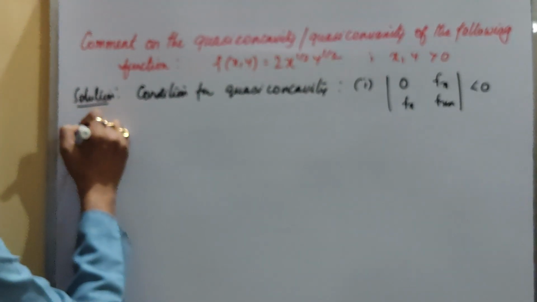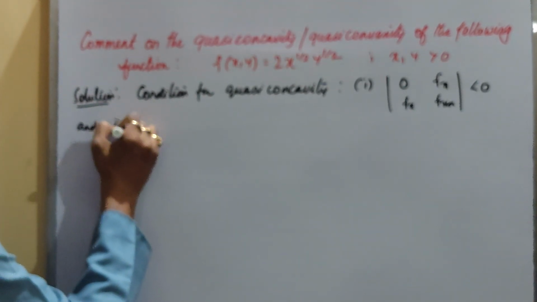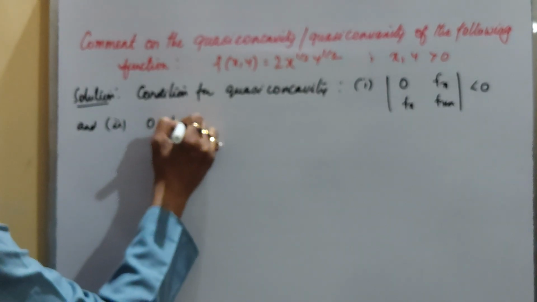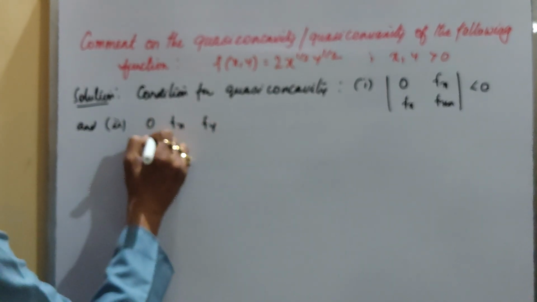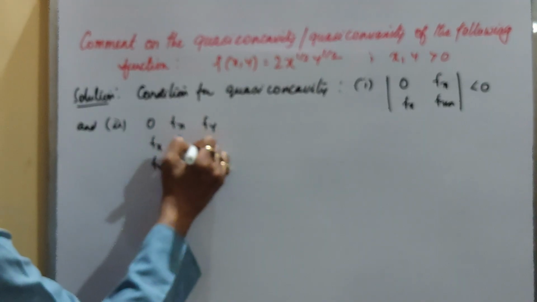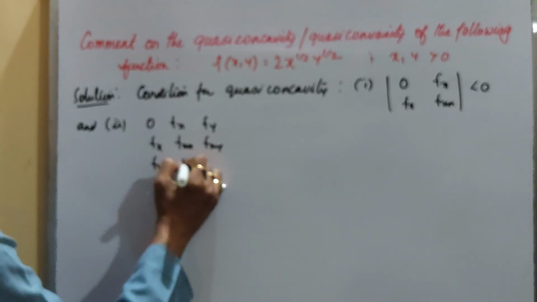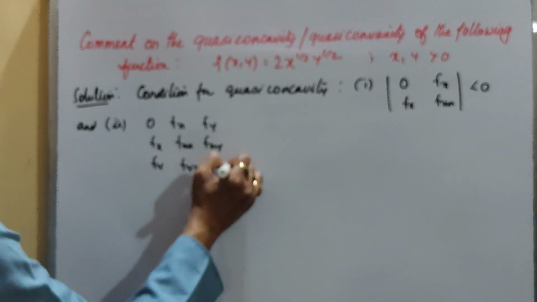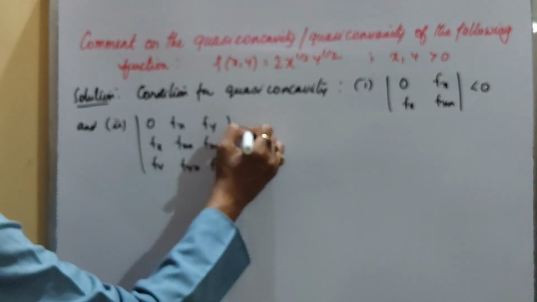And number 2, the determinant with rows 0, fx, fy; fx, fxx, fxy; fy, fyx, fyy, this has to be positive.